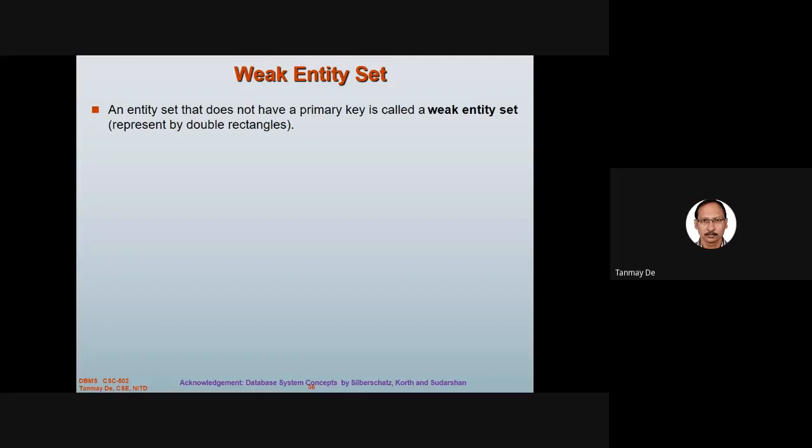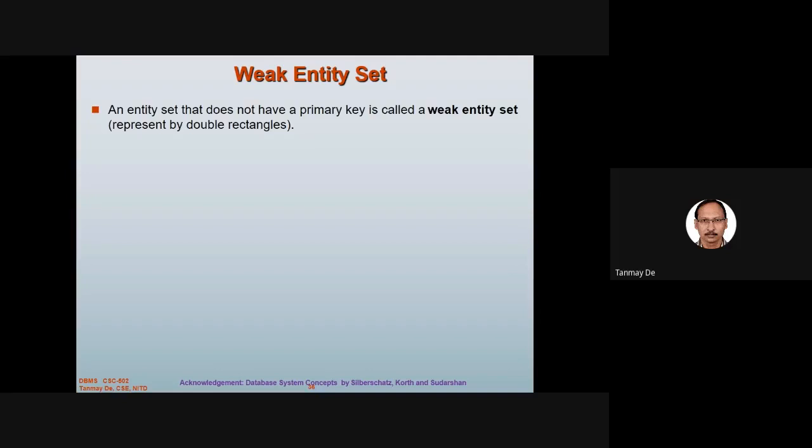The entity set that does not have the primary key is called the weak entity set. That is, if in an entity set there is no sufficient attribute which can uniquely identify the entities, it is called a weak entity set. And we say the entity set is a strong entity set if it has a sufficient number of attributes to uniquely determine each entity from the entity set.